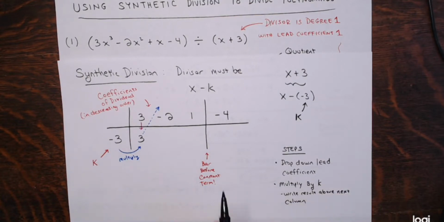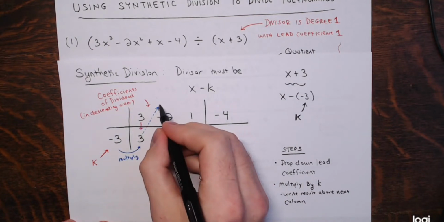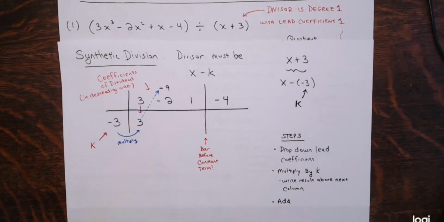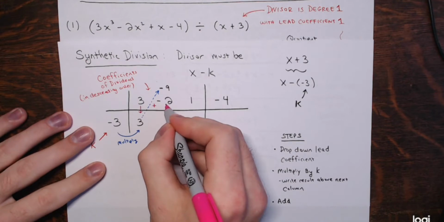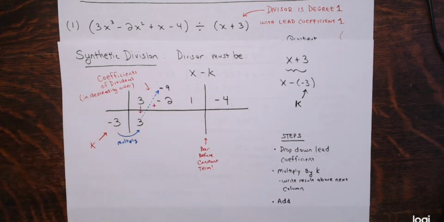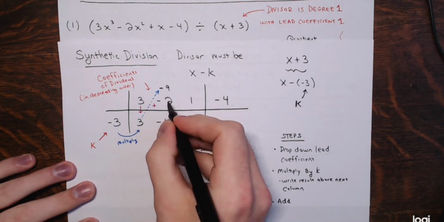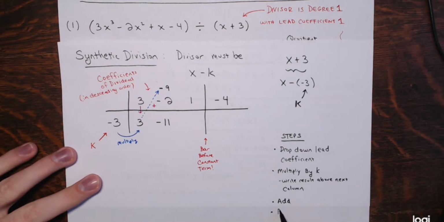So k times 3, negative 3 times 3, is negative 9, and I write that here. Then add the next column. Negative 9 plus negative 2 is negative 11, so that goes down here in the next column. And then repeat until done.